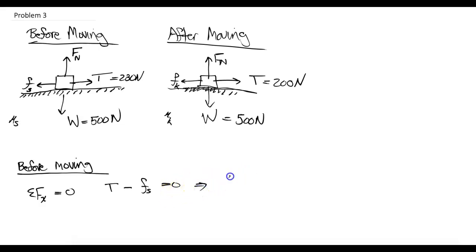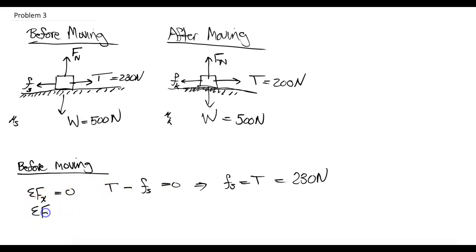This implies that the static friction force is equal to the tension, and we're given that the tension is 230 newtons. So we know what the maximum static friction force has to be.